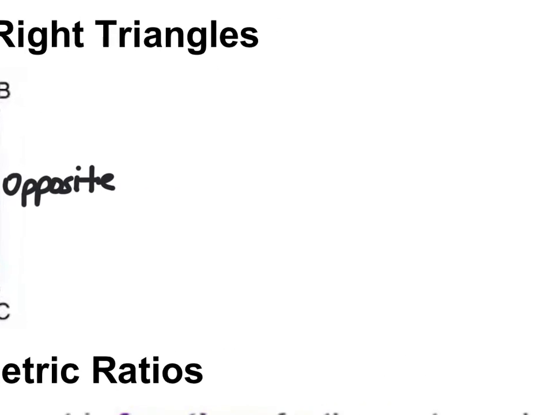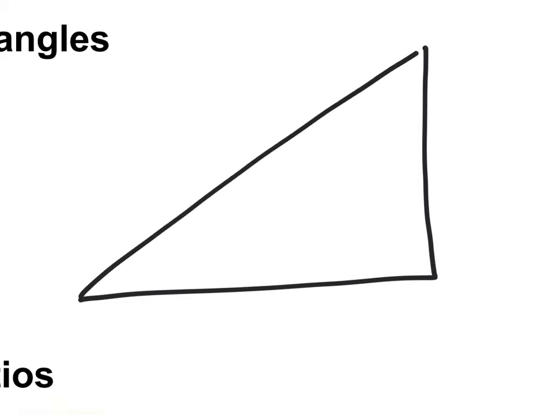Now, real quick, I'm going to redraw this triangle over here, the same thing. Call this a right angle. I'm going to call this my hypotenuse, and call the angles A, B, and C. This is always going to be the hypotenuse, but I'm going to look at angle B on this one. Given angle B, what I want you to notice is that all of a sudden, everything switches.